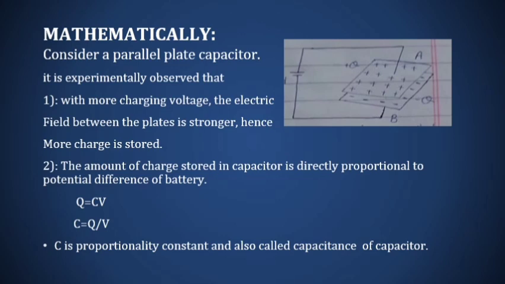It is experimentally observed that with more charging voltage, the electric field between the plates is stronger, hence more charge is stored, and the amount of charge stored in the capacitor is directly proportional to the potential difference of the battery, which is written as Q equals CV. C is given by C equals Q over V, where C is the proportionality constant called the capacitance of the capacitor.